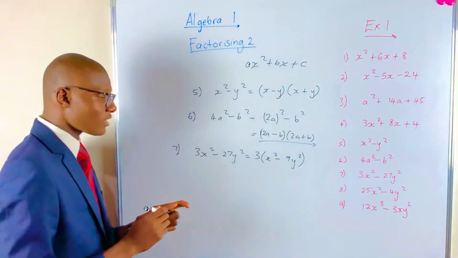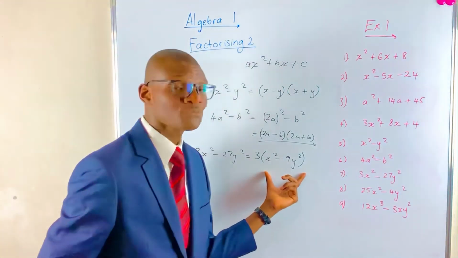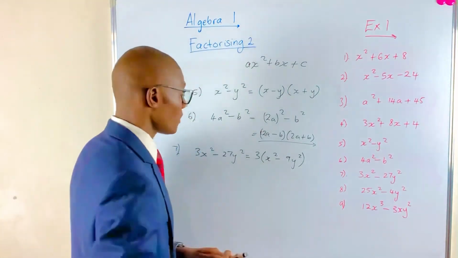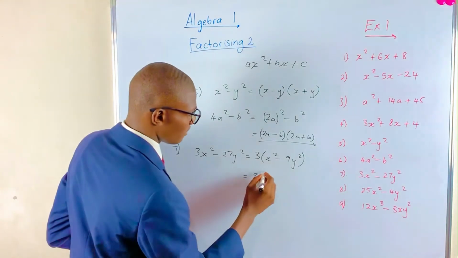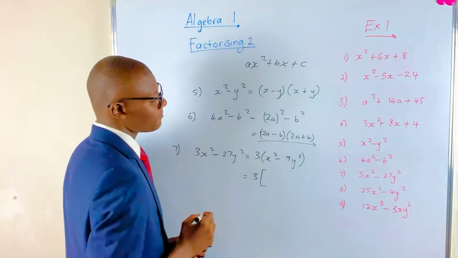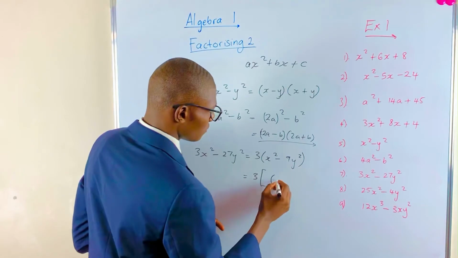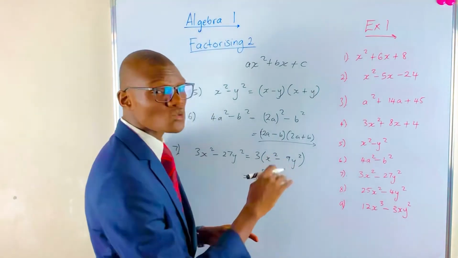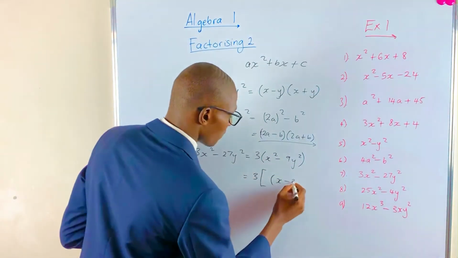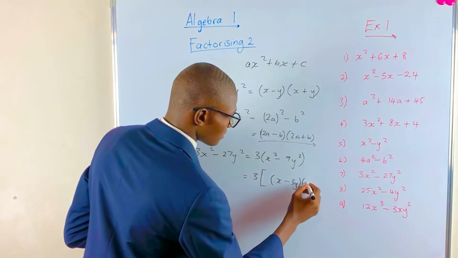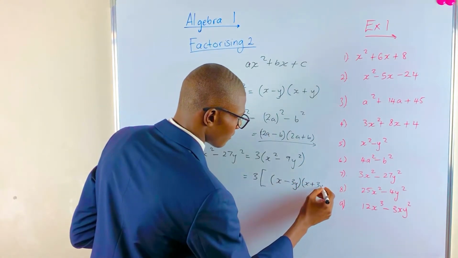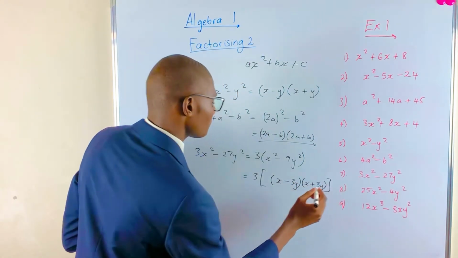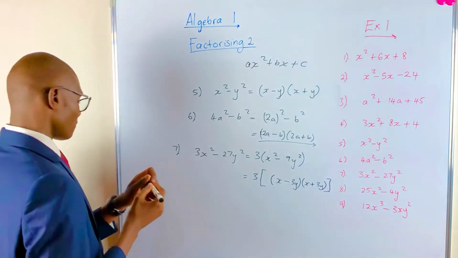Now we know that this expression is a difference of two squares, which we can further factorize to get x minus the square root of 9y squared, which is 3y. So x minus 3y, x plus 3y, like that. So this will be the final result for number 7.